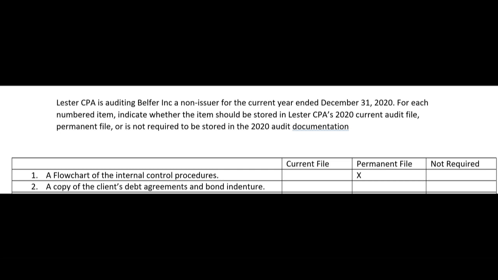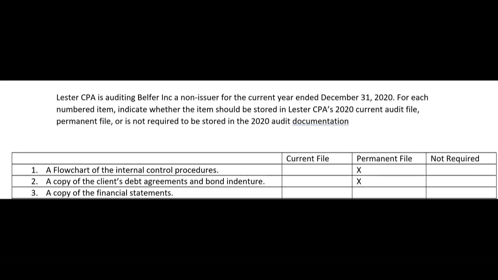And that would need to be stored in the permanent file because that's not changing anytime soon. The bank, the lender, expects the client to maintain that current ratio throughout the entire time that the debt is outstanding. Therefore, for number two, a copy of the client's debt agreements and bond indenture, put an X in the permanent file.